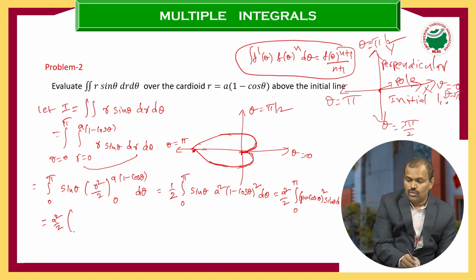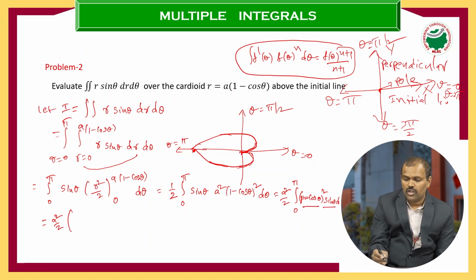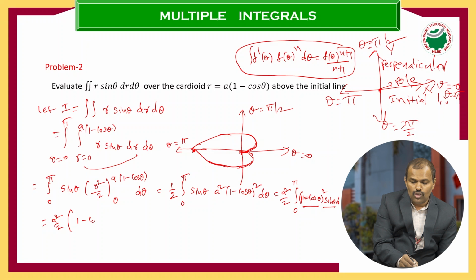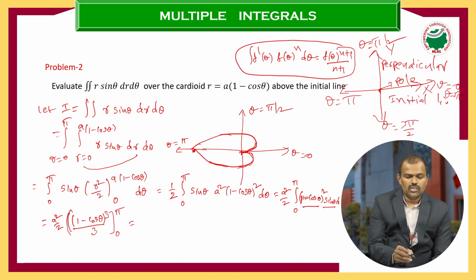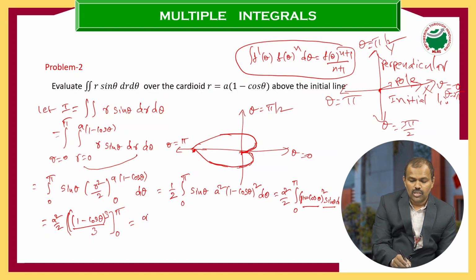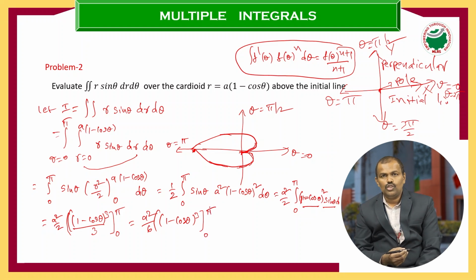So the integral, this is f of theta and this is f dash of theta, becomes 1 minus cos theta whole cube, n plus 1, 2 plus 1, 3 by 3, limits 0 to pi. The 3 is a constant outside, so that is a square by 2 into 3, that is a square by 6, 1 minus cos theta whole cube within the limits 0 to pi.